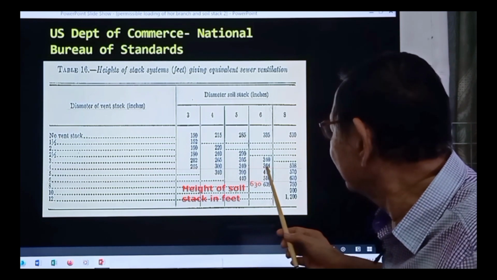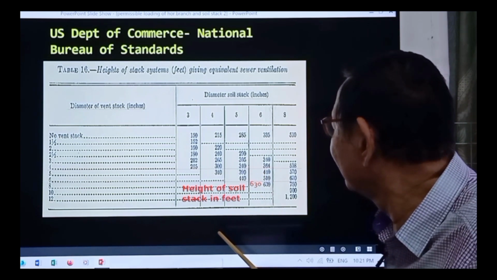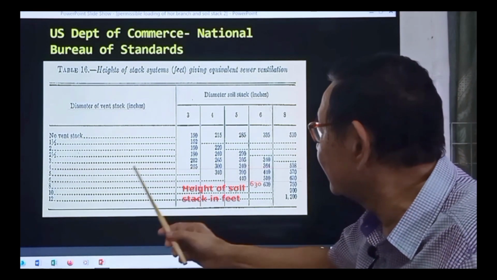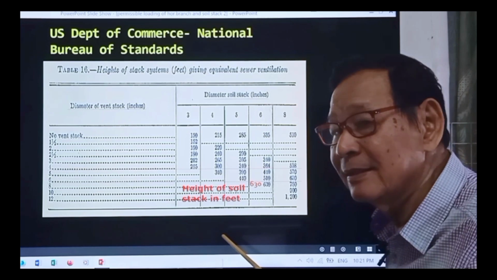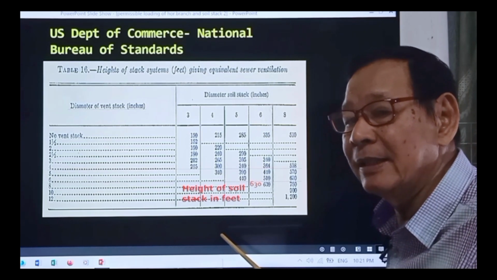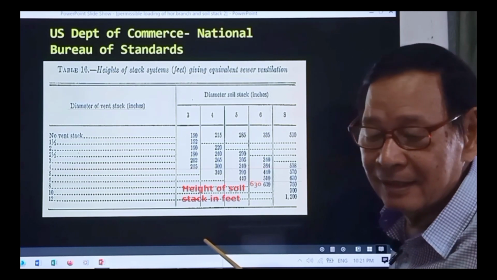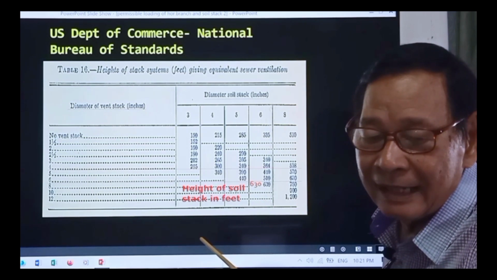So, ibig sabihin, 36 story ito. Kung gamitan mo the size mismo, 51 story. Hindi yung nakalimit ka sa ilang story lang.